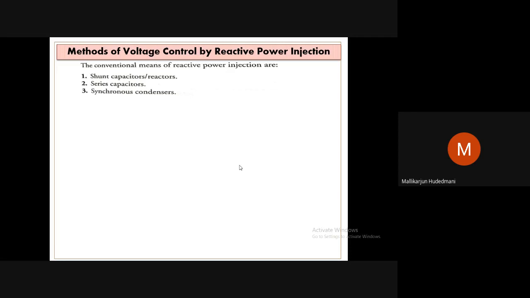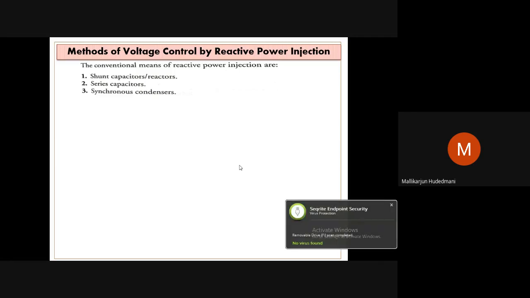In line with the control of voltage and reactive power, we are going to understand the different methods by which voltage can be controlled by the injection of reactive power itself. We are very clearly aware of the peculiar interconnection of active power with the frequency and reactive power with the voltage.